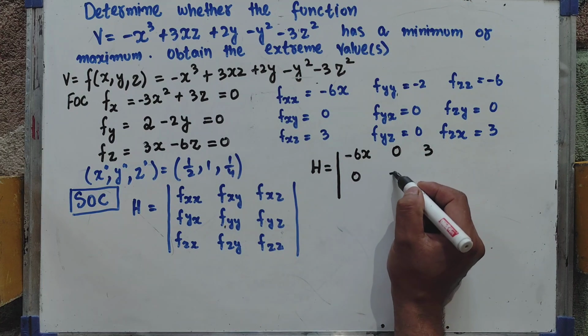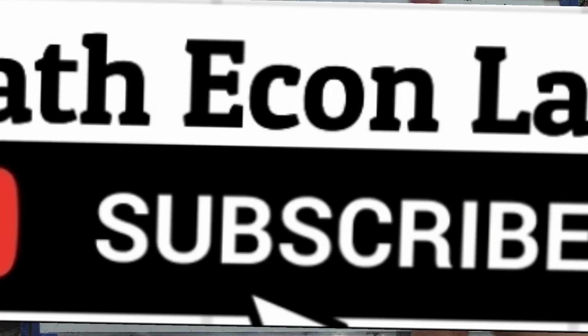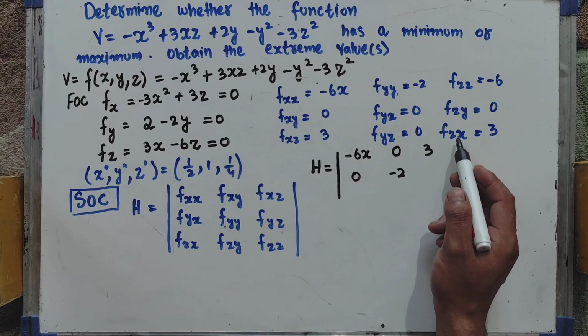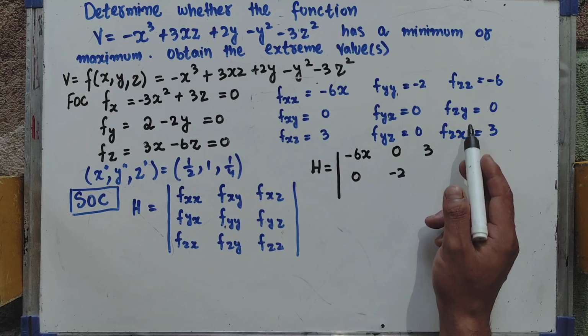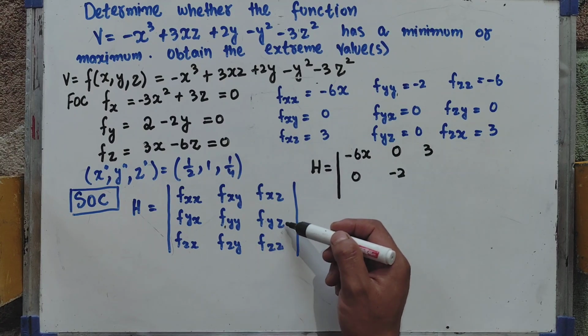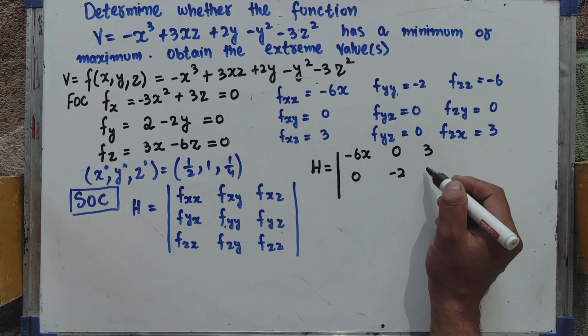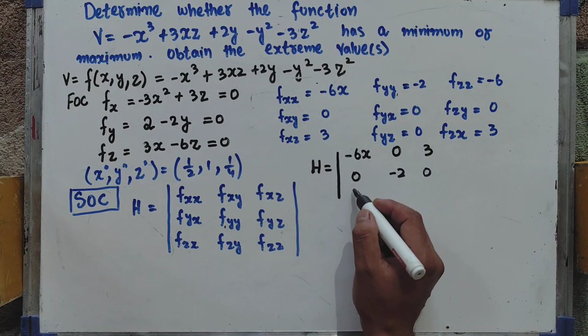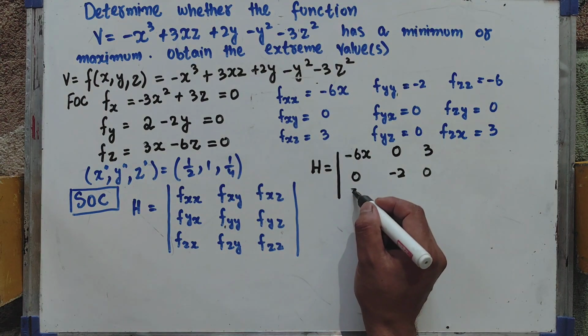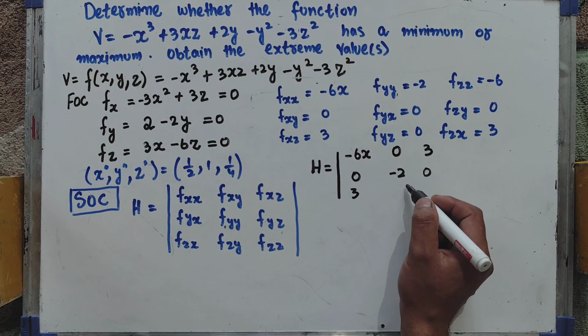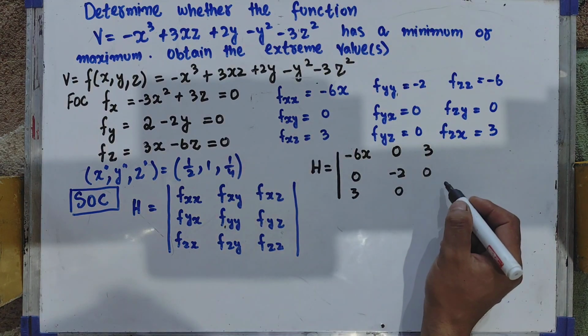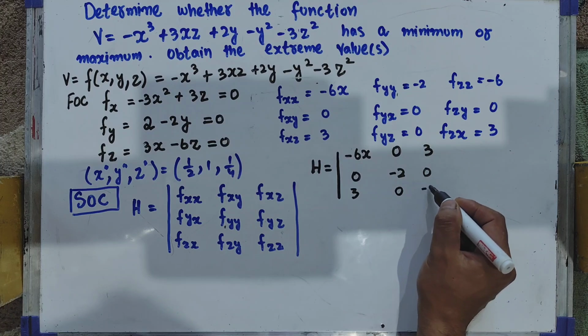F of yy is negative 2 here. Then we have f of yz, which is again 0. Then we have f of zx, which is 3. Then we have zy, which is 0. Then we have zz, which is negative 6.